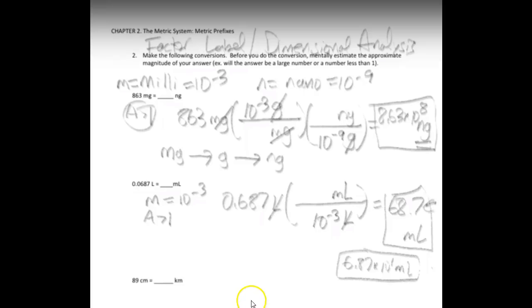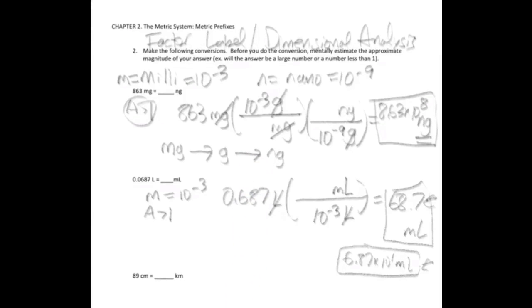And our answer will be 68.7 milliliters. Or you could write it as 6.87 times 10 to the first milliliters. Whether you write the answer in fixed notation, like 68.7, or scientific notation, like 6.87 times 10 to the first, doesn't matter, unless the problem at the outset tells you to write in scientific notation or in fixed notation.